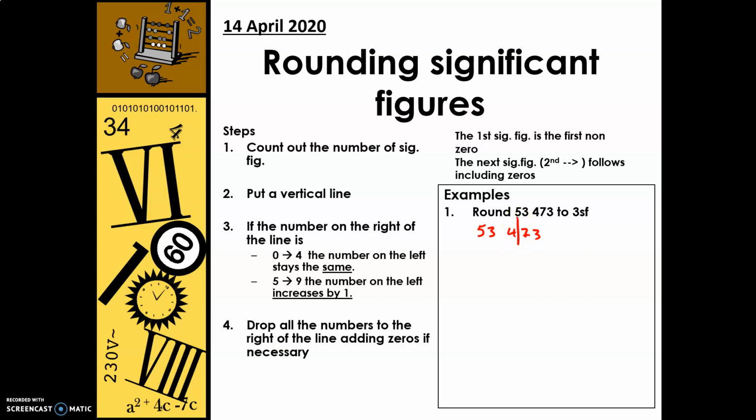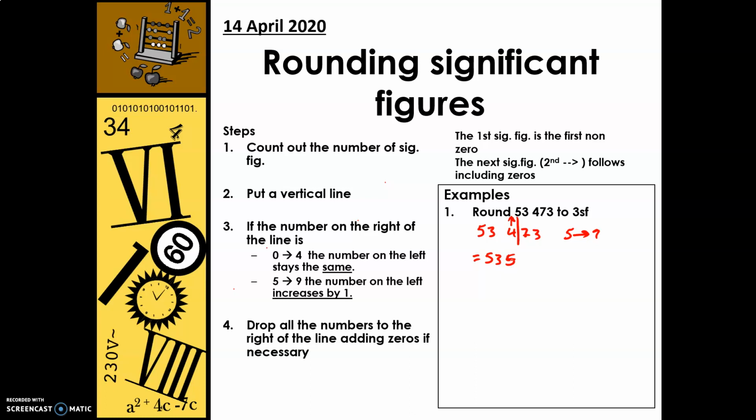The next thing we need to decide is the number on the right. It's 5 through to 9. So we have to increase this number by 1. We write the answer as everything on the left of the line, with the last digit increased, so 5, 3, 4, 5.